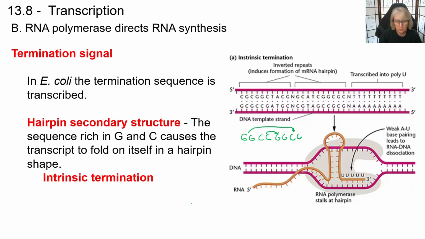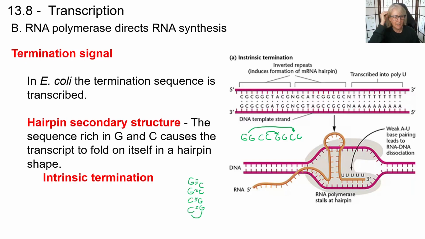So it would form, see if I can draw it, G, G, C, C, and then it goes around and it will form G, G, C, C, and wrap around on itself. When it does that, it forms this little hairpin turn, or a loop-de-loop.